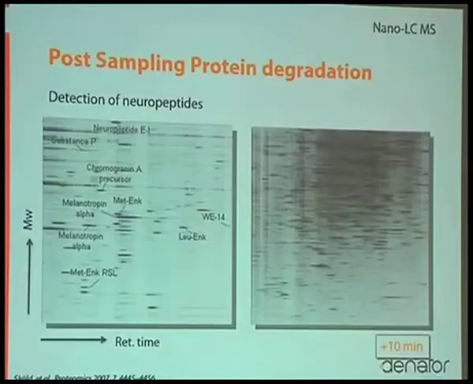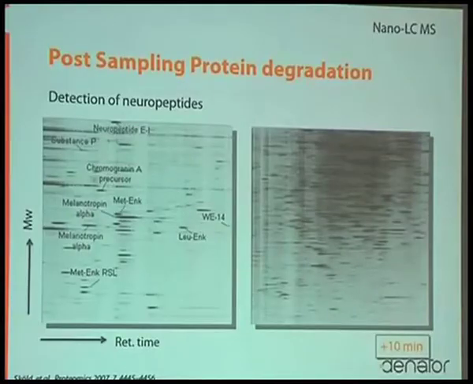So what we see here is mass spectrometry. It's LC on this axis and then some mass spectrometry analysis on this. So LC-MS analysis, and we're detecting peptides. This is mouse brain extract. We've used a molecular weight cutoff filter, and that will remove everything which is larger than 10 kilodaltons. So we're only looking at small peptides.